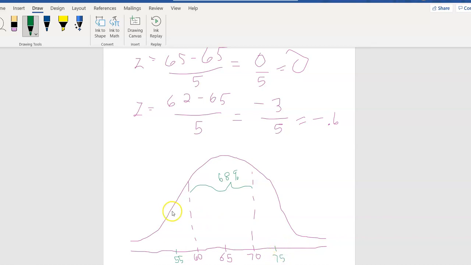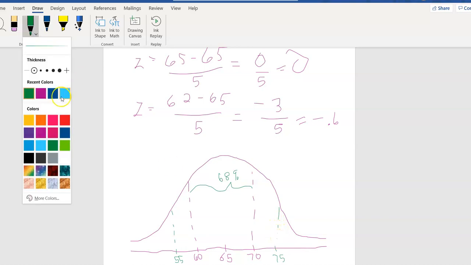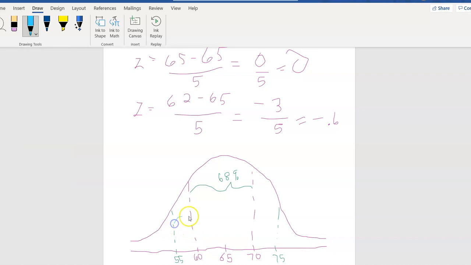And according to our empirical rule, between 55 and 75 inches should be 95% of women. All right, so 95% of women should fall between those two values.